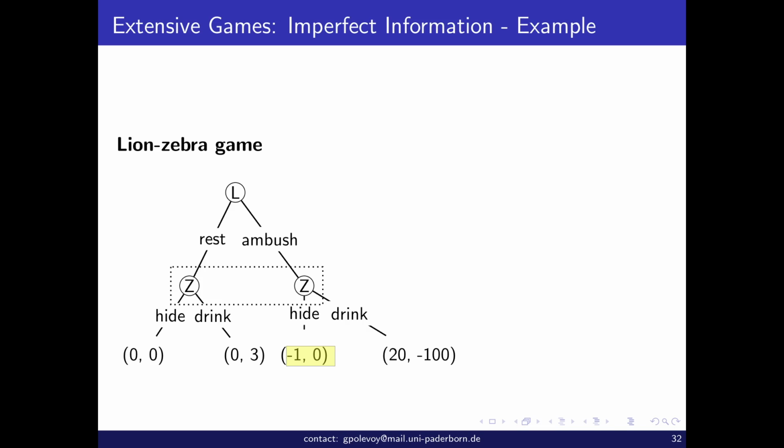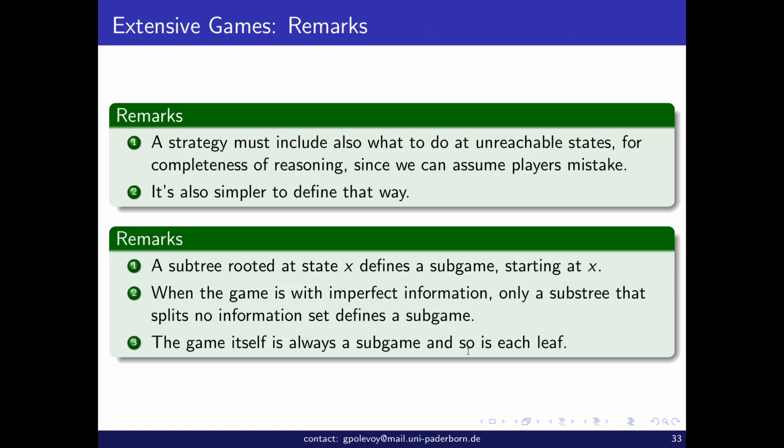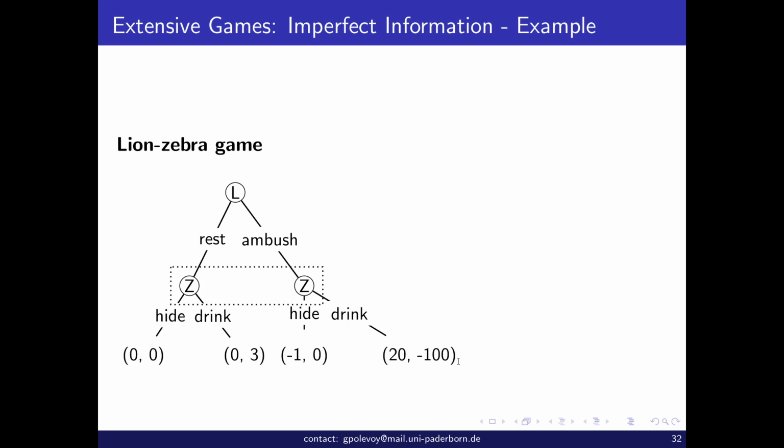Now he's tired, so he's lost some energy for nothing. The zebra, however, can also decide to drink. In this case, of course, there's a high chance of the lion catching the zebra, and then the lion would get a lot, 20, for catching the zebra, and the zebra would probably lose her life, so she would get -100.